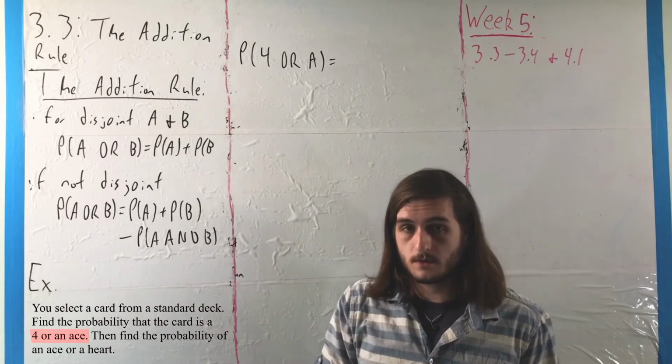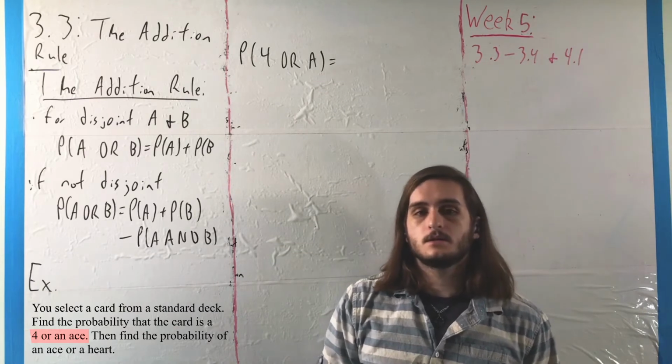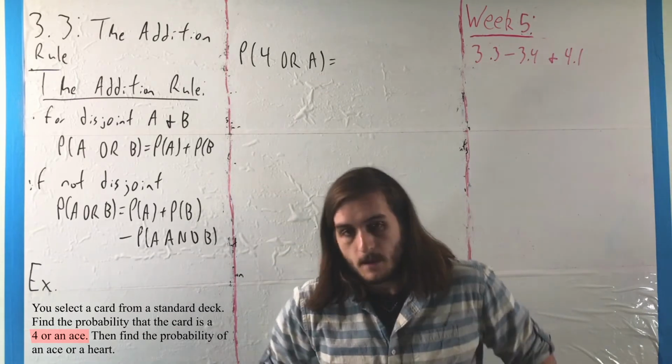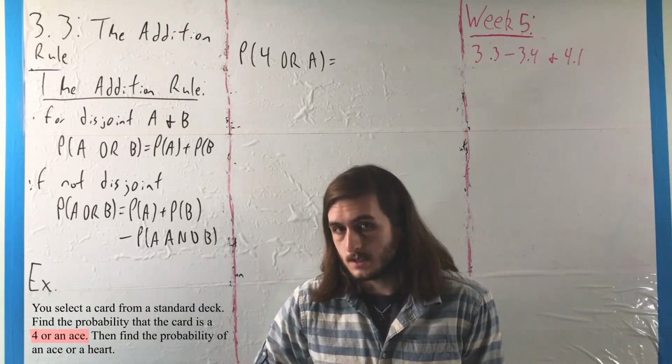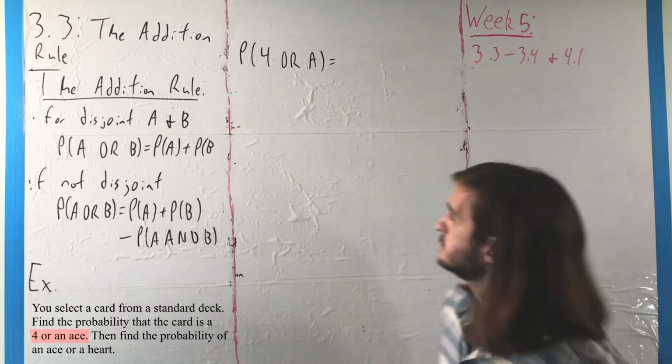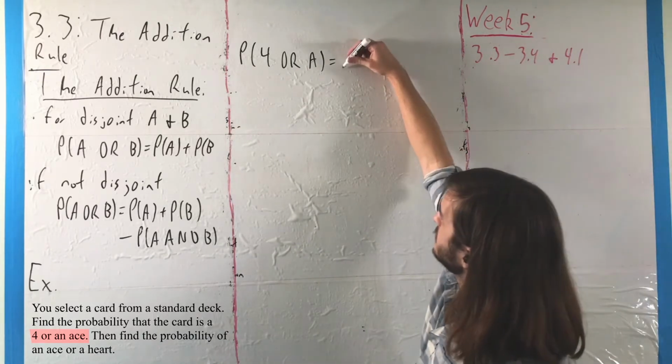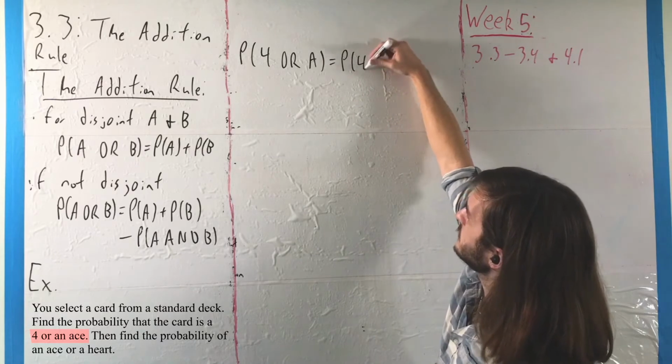So, importantly for us, that means that what we're looking for here is a probability using addition, using OR, where the events are disjoint.